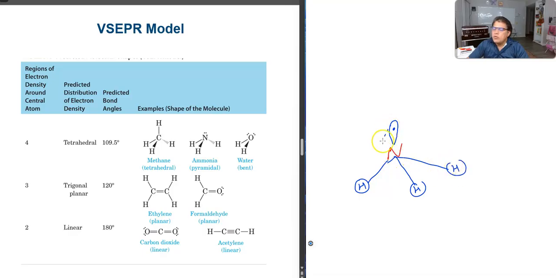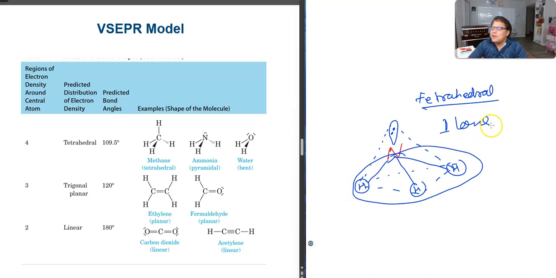If you include the lone pair also, the lone pair means 2 electrons, so the geometry is tetrahedral, right? If one lone pair and tetrahedral geometry, what remains is pyramidal, right? If the geometry is tetrahedral and there is only one lone pair, then it is pyramidal. What if there are 2 lone pairs?